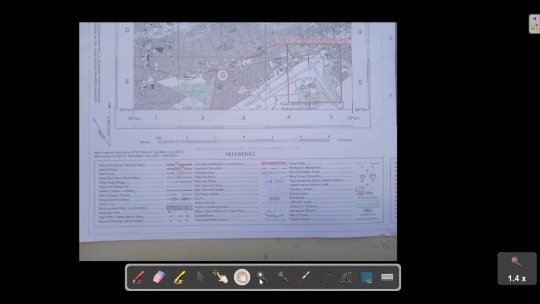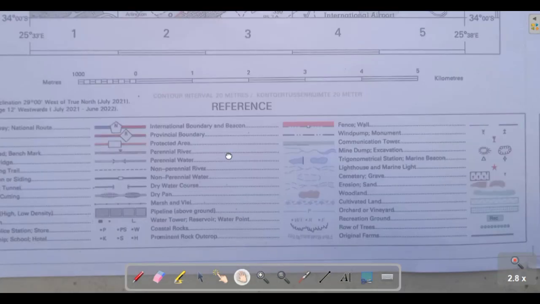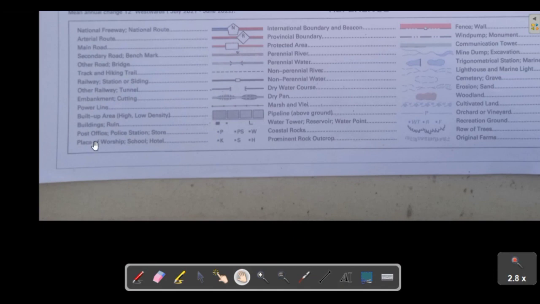And looking at the built up area, we have high density and low density. High density means houses are very close to each other, there are many of them close together, like that. And of course you'll only see that in low income residential areas.